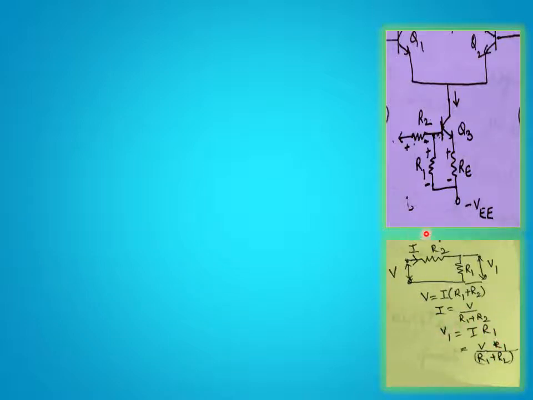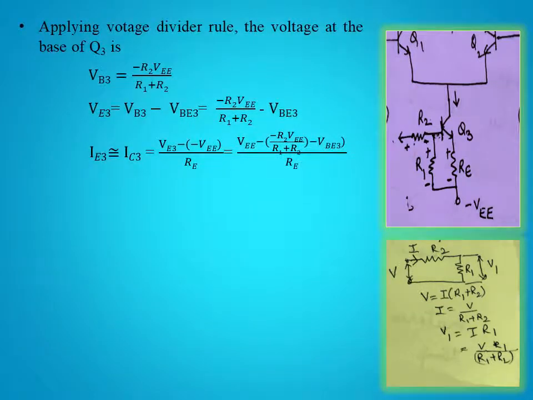Why have I told you this voltage divider rule? Because this same rule will be applied in this circuit. Applying the voltage divider rule, the voltage at the base of Q3 is VB3 equals minus VEE R2 upon R1 plus R2. Which loop have we taken?